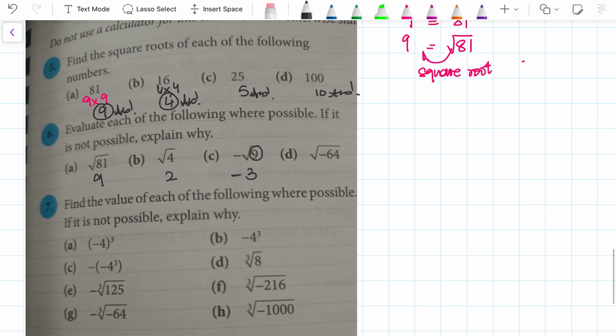Because a positive number comes out to be a 3, it becomes a minus 3. Not possible, because a square root of a negative number does not exist. However, if the negative sign is outside, then it's okay.